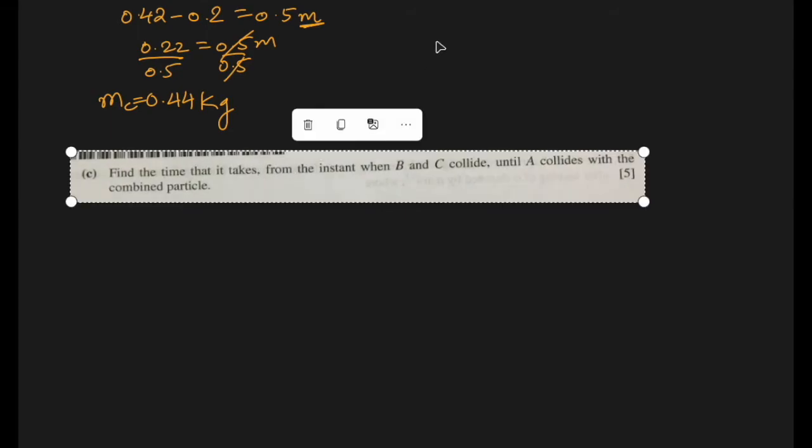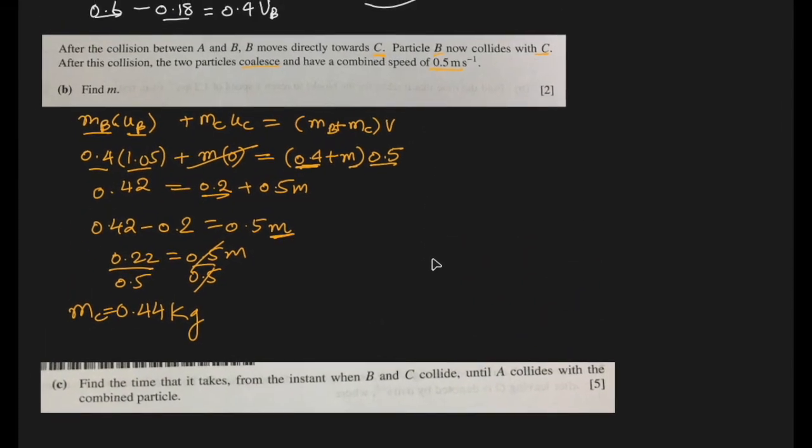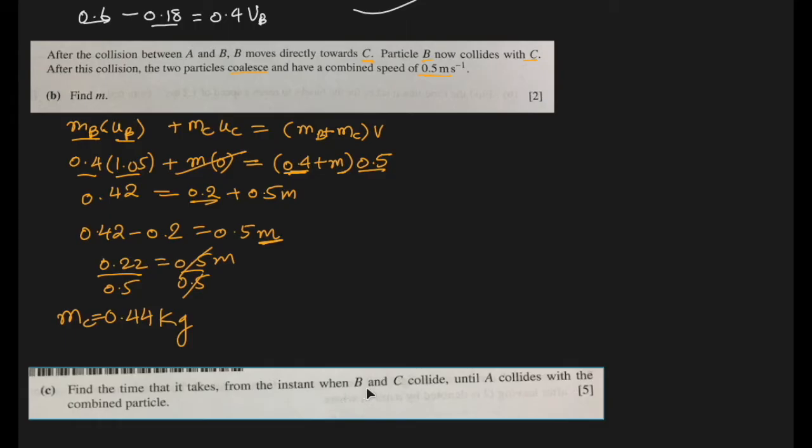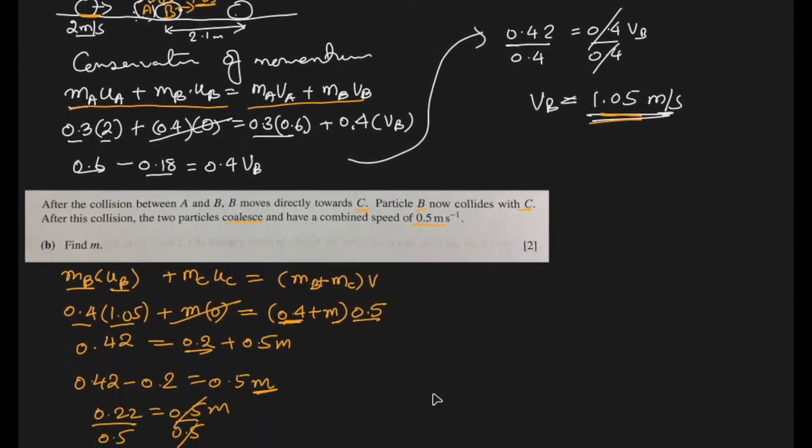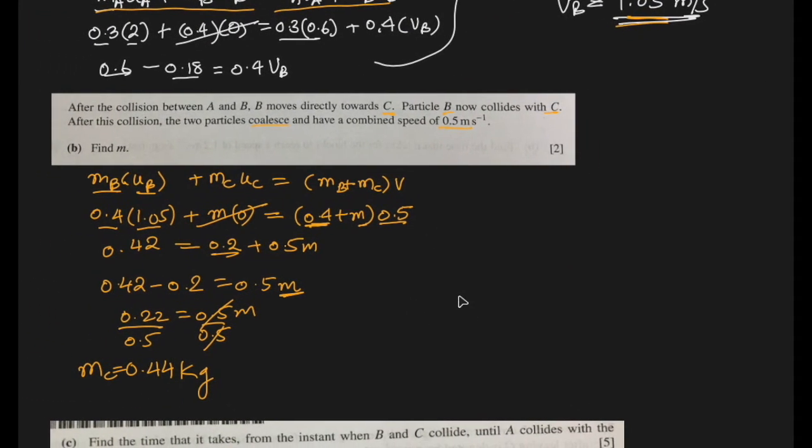That says find the time it takes from the instant when B and C collide. Okay, let me redraw the situation here. So we said that B and C collide, right?